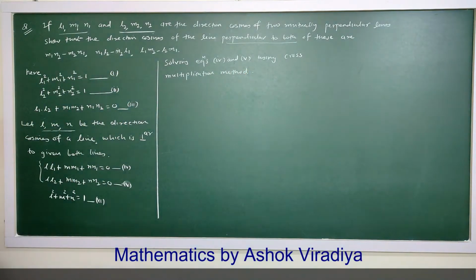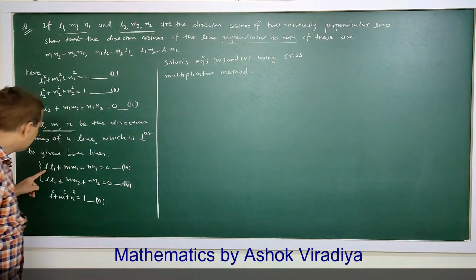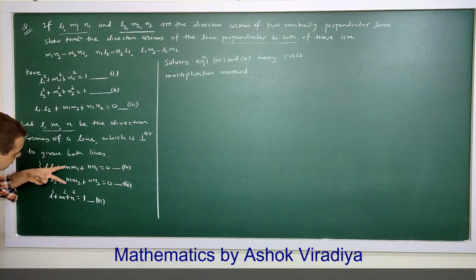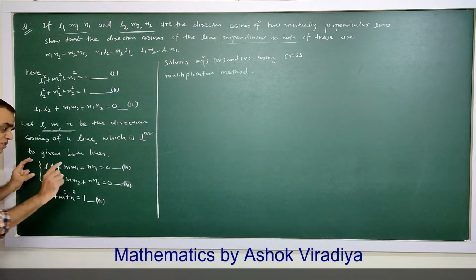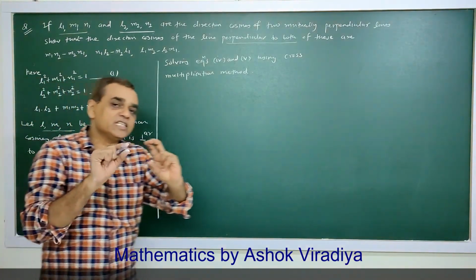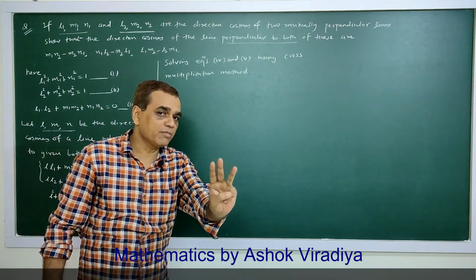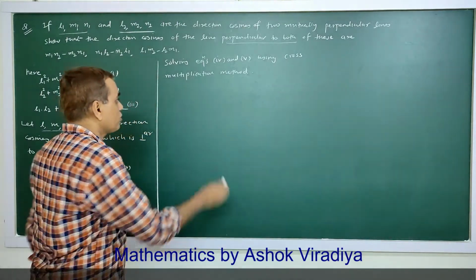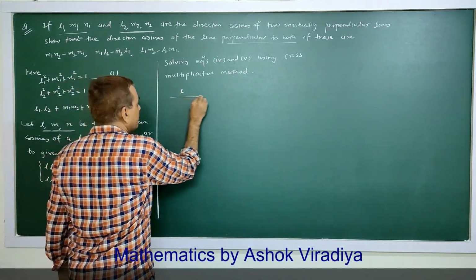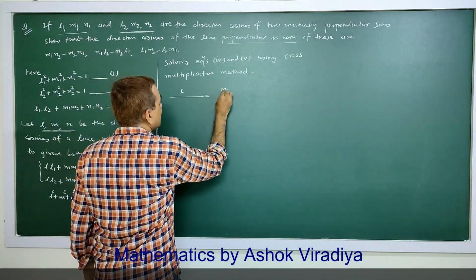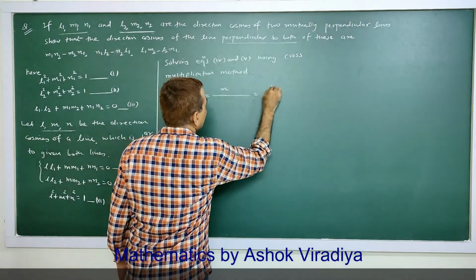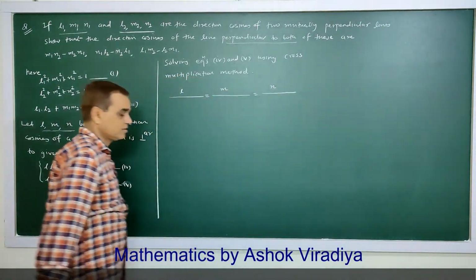According to the method, here we want L, M, N. The equations are just like linear equations in three variables L, M, N. So here we keep L upon, equal to M upon, equal to N upon.